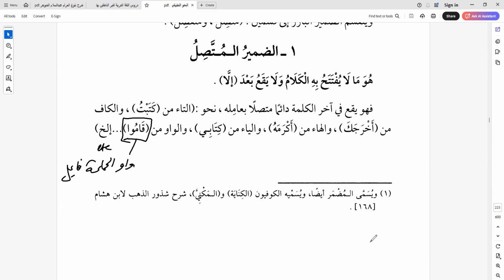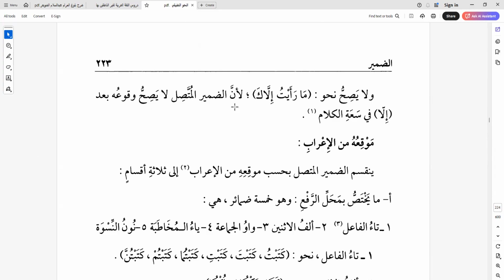So damir al-muttasil, it doesn't start a sentence. So wala yasihhu, it's not appropriate. It's not grammatically correct. For instance, to say ma ra'aytu illaka. Ma ra'aytu illaka. You see the ka here.